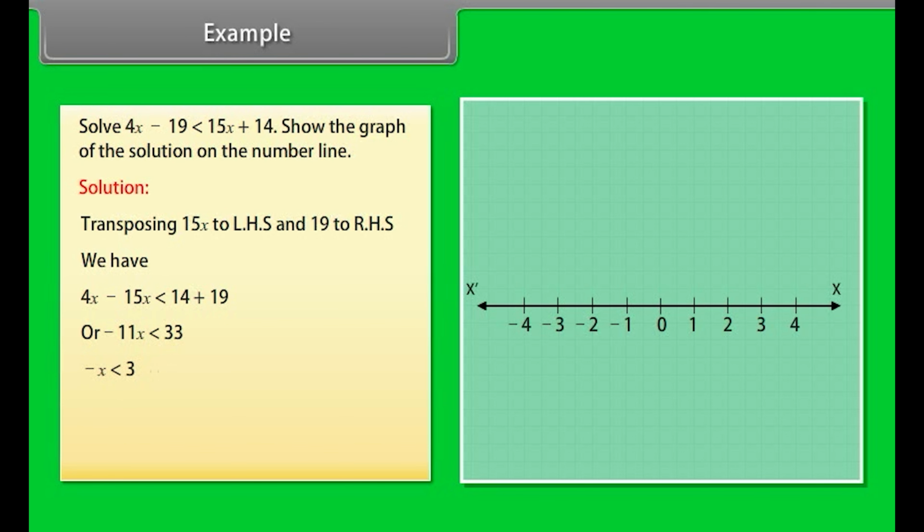Minus x is less than 3. x is greater than minus 3. This inequality is shown on a number line. First, we draw an open circle because x is not equal to minus 3 and an arrow to the right because we want values greater than minus 3. Number line.